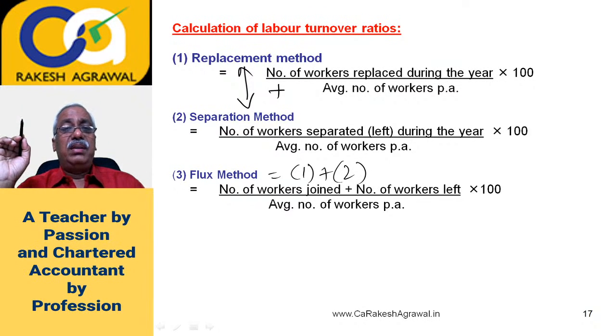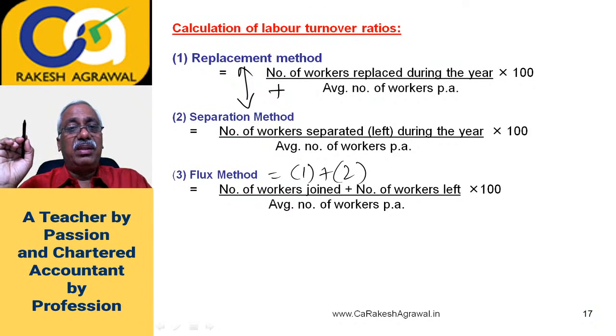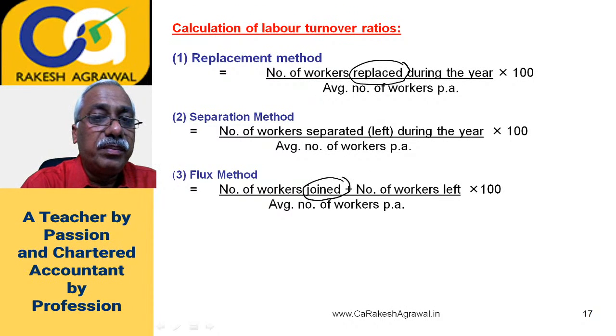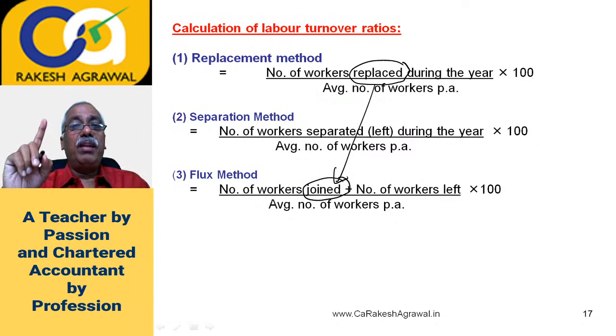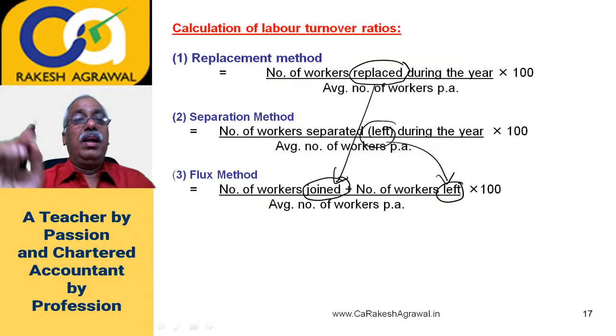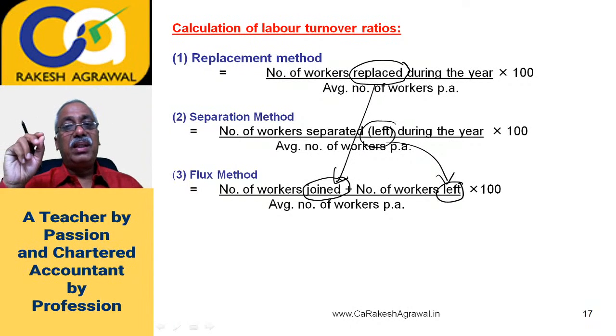Please remember friends, there is a catch here. It may tally sometimes, it may not tally sometimes. Why? Concentrate on these two words, number of workers replaced and number of workers joined. If number of workers joined and number of workers replaced are the same, then the answer will be the same. Because here workers left are here. Means second method's data is taken as it is in the third method.